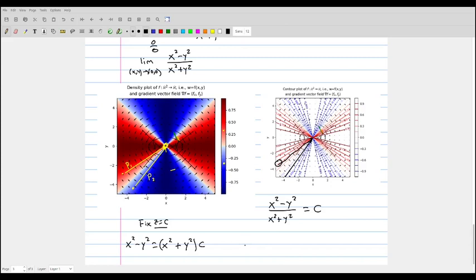Which can be rewritten as x squared times one minus c, minus one plus c times y squared, equals 0.